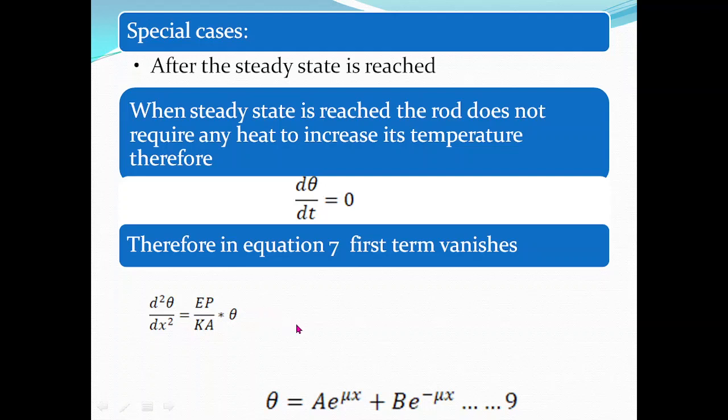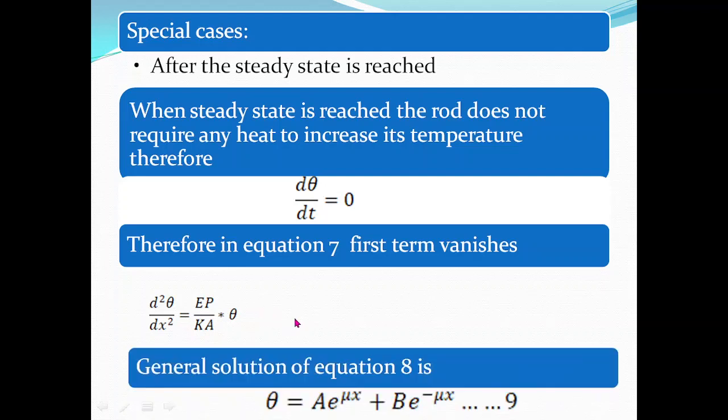Now this ep upon ka can be written as a certain constant mu square, because E is constant, P is constant, K is constant, A is constant, all related with the bar or material of the bar.